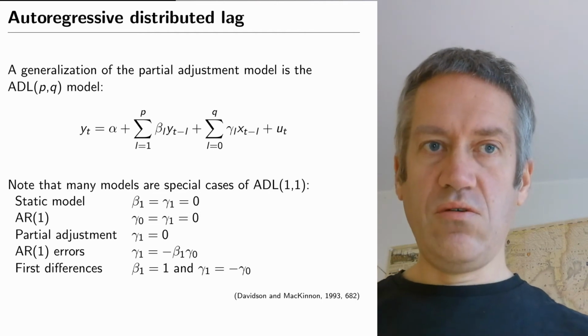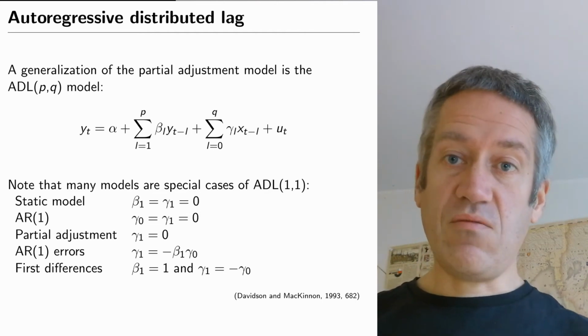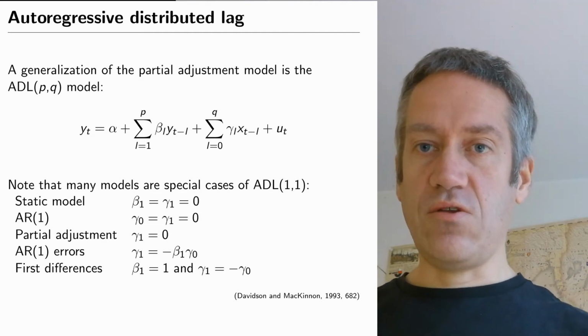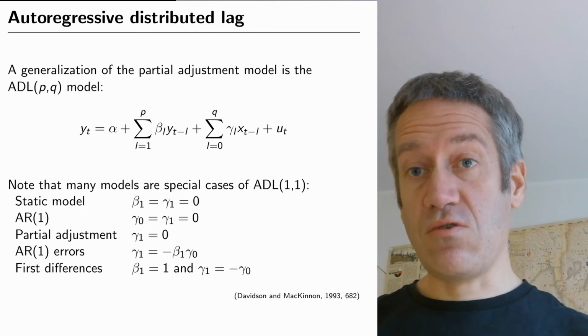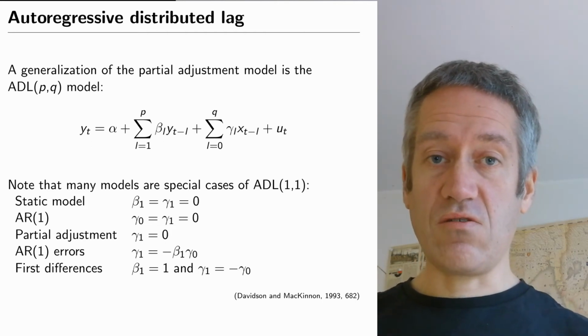So a static model is where there are no lagged values in the model. An AR1 process is where there is no x value, but just y in the model and a lagged value of y. Partial adjustment is where there's the current value of x and lagged values of y in the model.